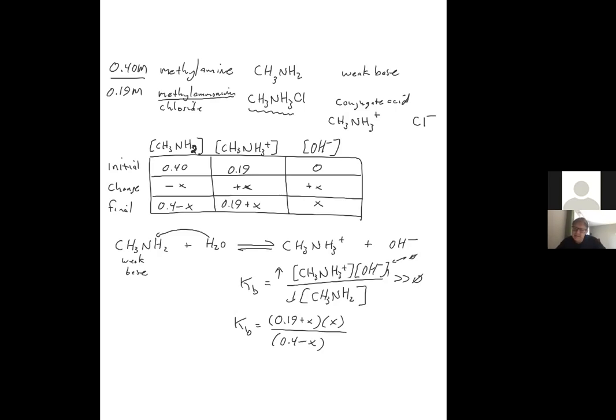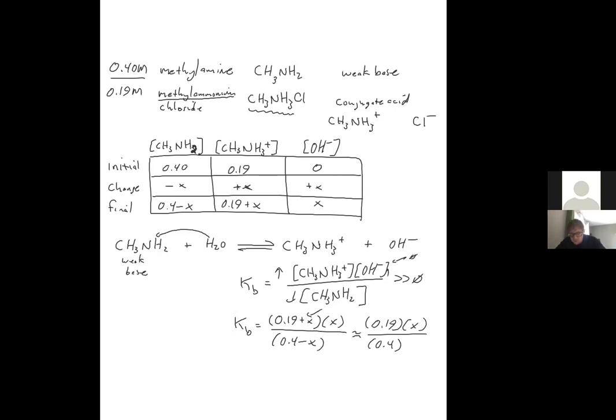Now, again, it is a relatively weak base. So this can probably be approximated as 0.19 times x, right? So I'm just getting rid of the plus x there, and then 0.4. Okay. So there you go. So there's another example of that. Okay.